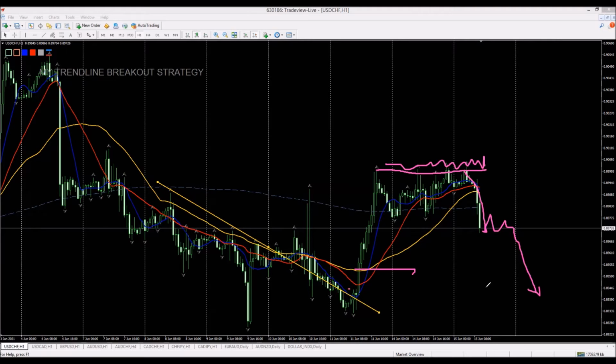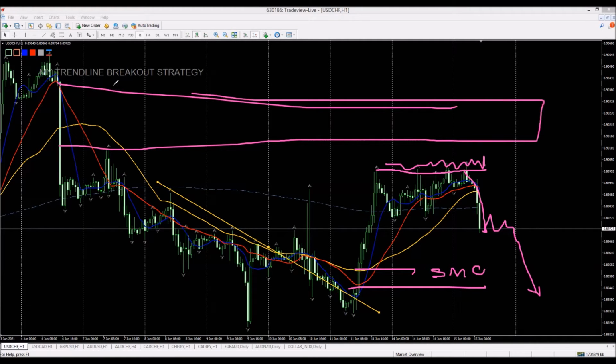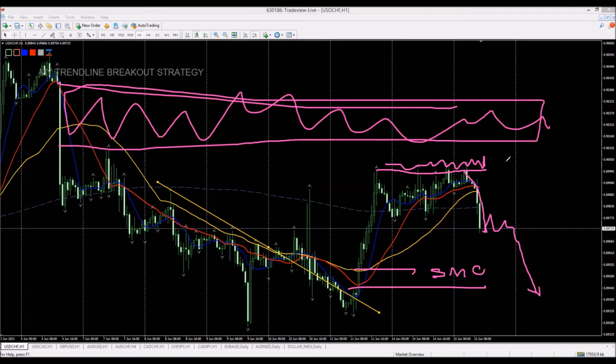This, for our smart money concept traders, it would be a point of interest, okay? And also this is a point of interest, isn't it? In this area here. This is a point of imbalance, okay? So many people may have thought that the market's going to reach up to here.